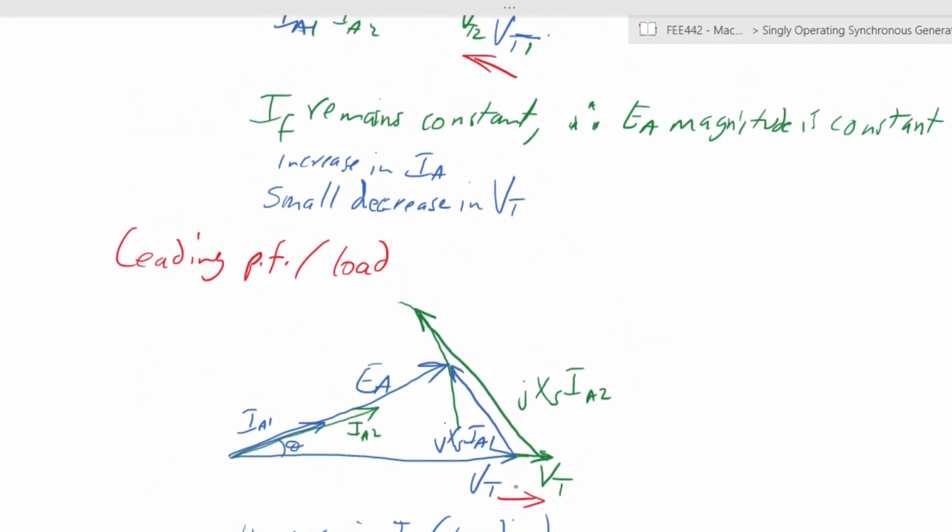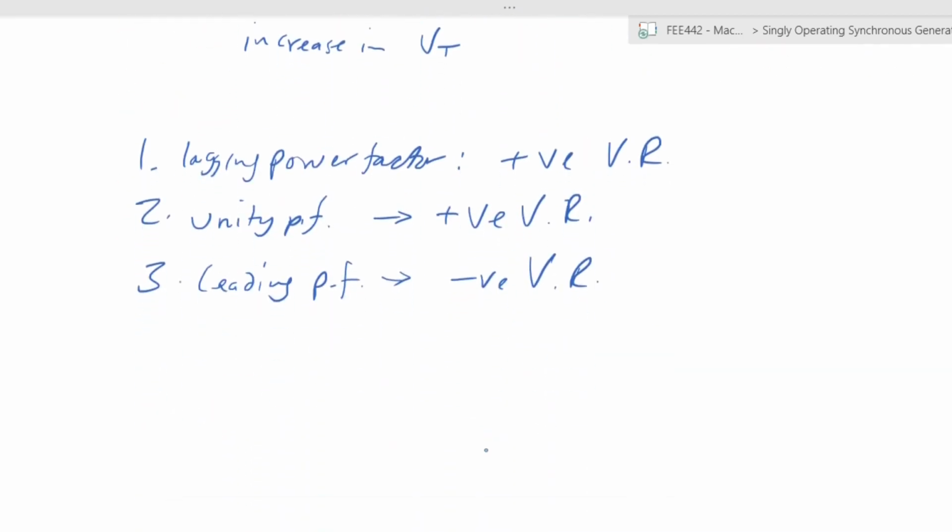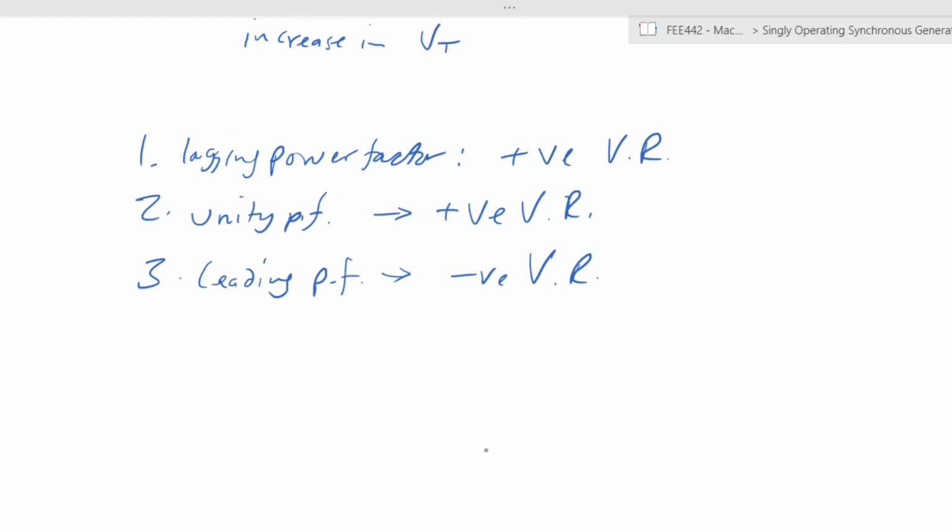So if your load has increased your terminal voltage, you would then decrease the value of EA so that the same value of excess IA would be able to be brought back at a terminal voltage that we require. So that means that as loads change, you must change the excitation to match the loads. So this is an important point.